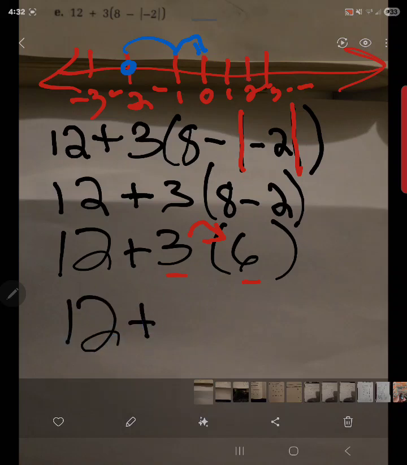Now, why are we doing the multiplication before the addition? Because of Aunt Sally. We want to keep Aunt Sally happy, because multiplication comes before addition and subtraction, right? So 3 times 6 is 18. And now 12 plus 18 is 30.